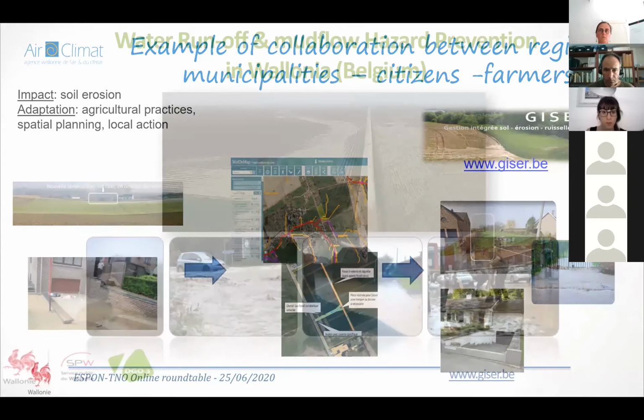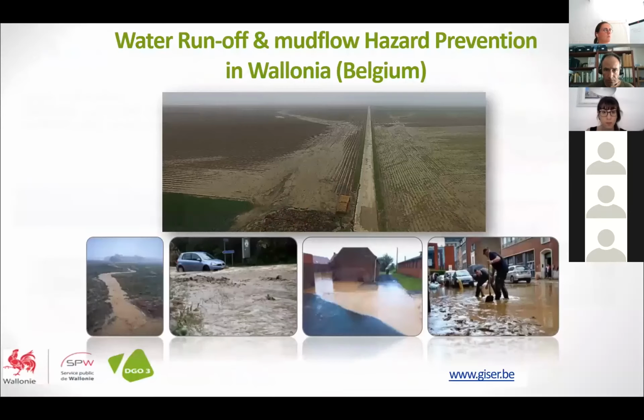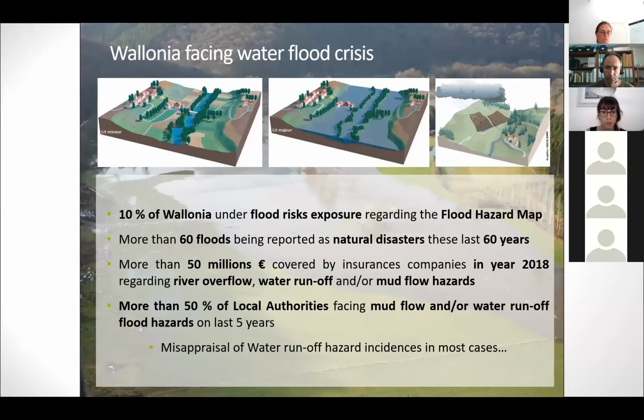So it's about, as I say, water runoff and mudflow in Wallonia, Belgium. Yes, next. Just to give you some figures for Wallonia, you must know that 10% of Wallonia is under flood risk exposure regarding the flood hazard map. More than 60 floods have been reported as natural disasters in the last 60 years.